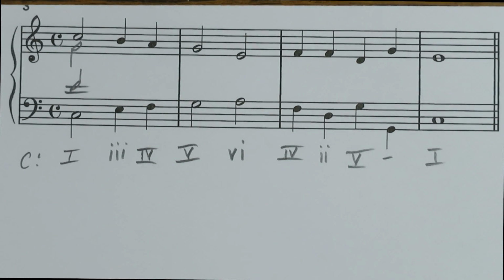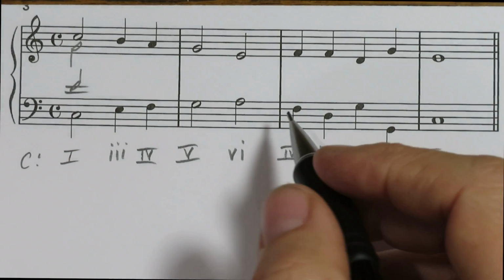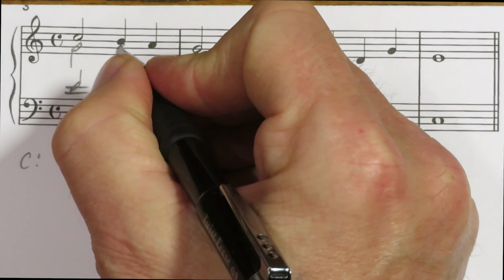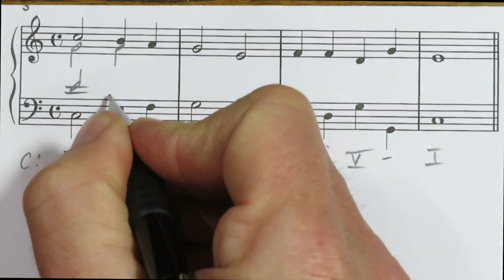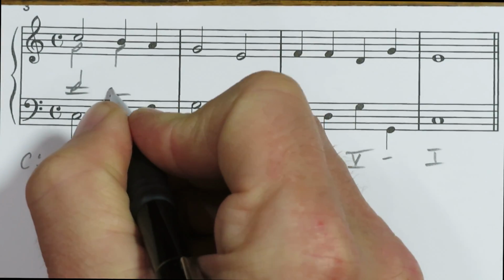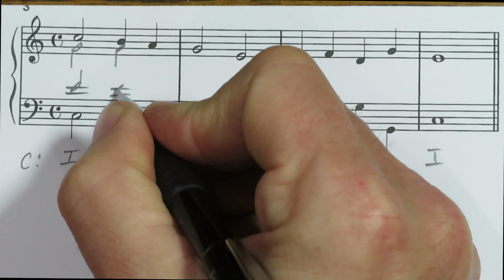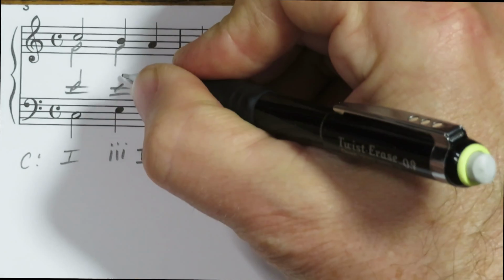Okay. And for the E minor, that would leave 2 common tones. Doubled the root of the chord.